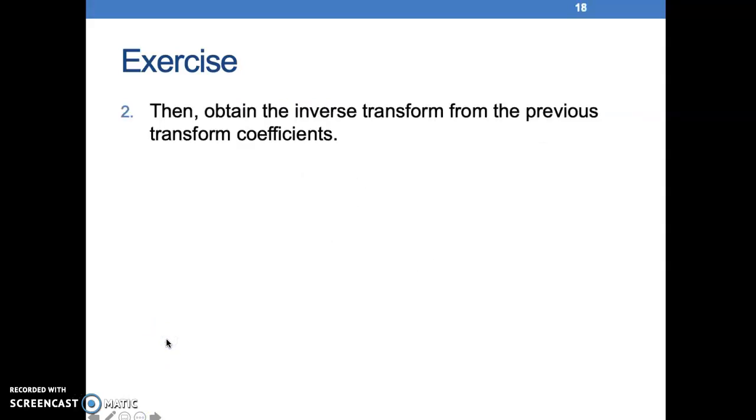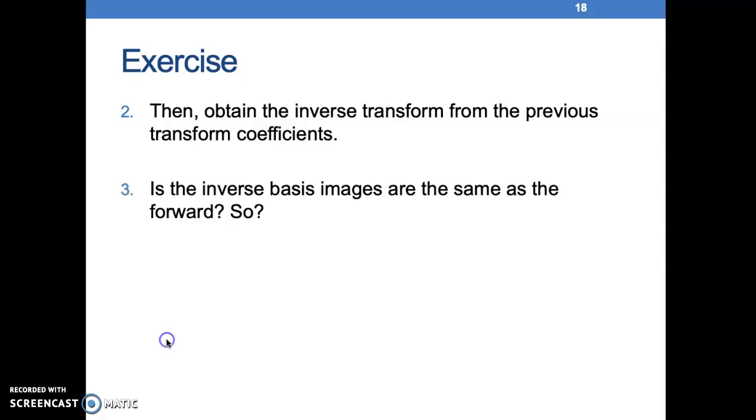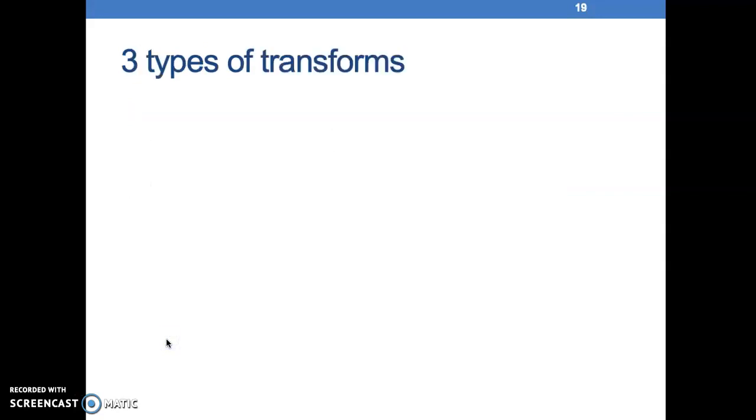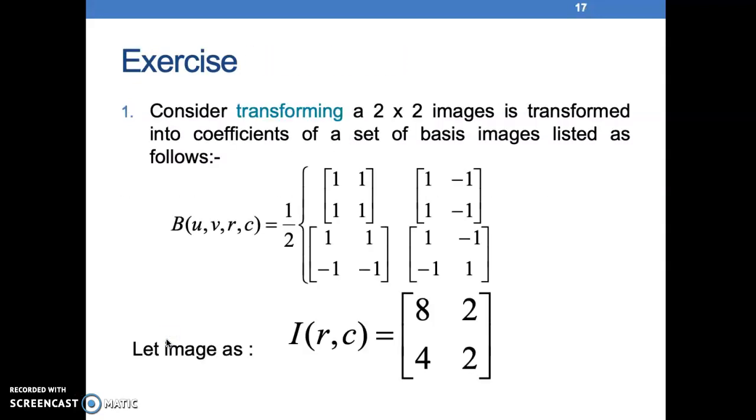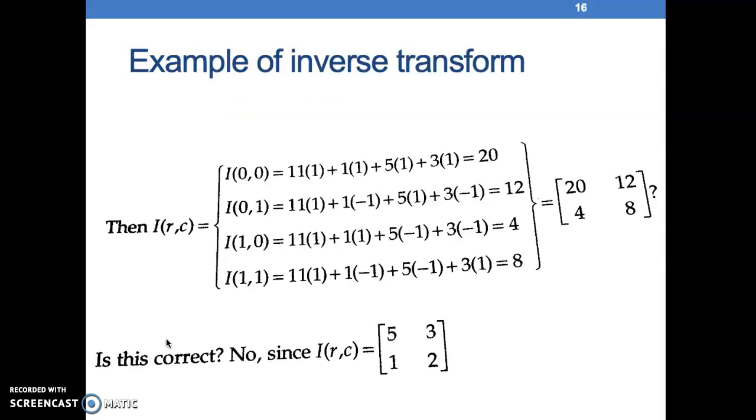Then obtain the inverse transform from the previous coefficients. If the inverse basis images are the same as the forward, you have to do this exercise on your own using the same.